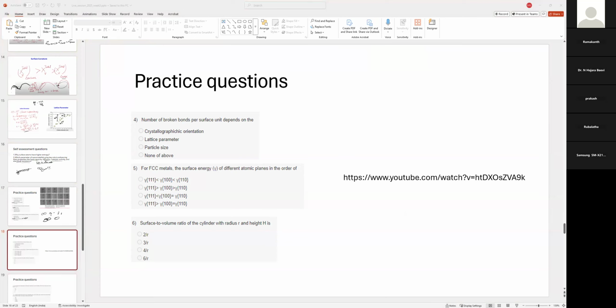So the number of broken bonds per unit surface area depends on, again, we just saw, the crystal orientation.